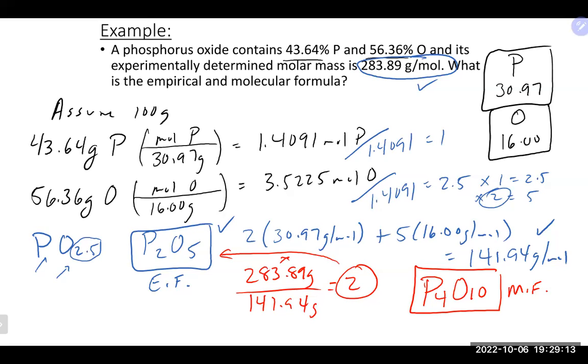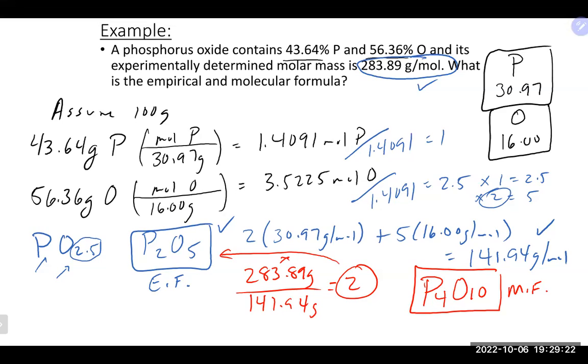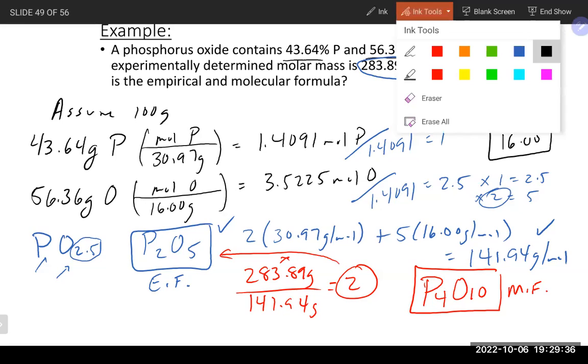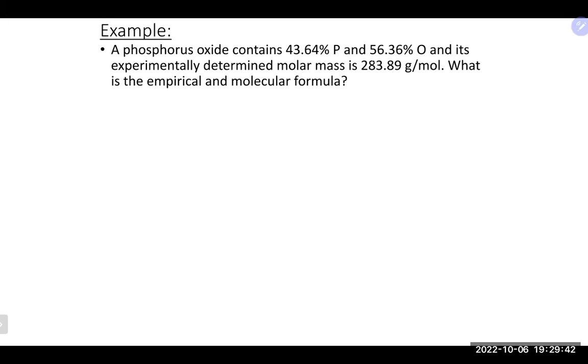So I do want to show you an alternative way of solving a problem like this. With the percent of each of the elements here, and we do have the molar mass of the actual compound, we could take the percentage of phosphorus and convert it into a decimal, which would be 0.4364.